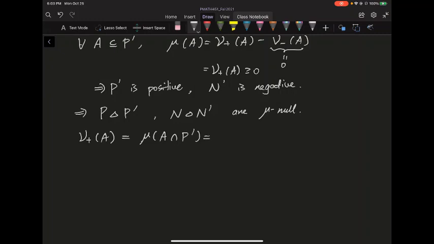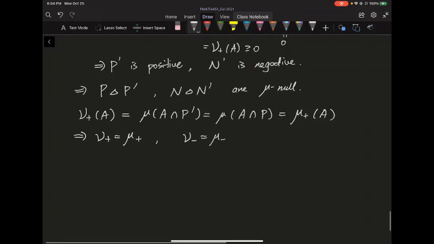And because P prime and P just differ by a null set, you can show that this is also equal to mu of A intersect P, which is just mu plus of A by our construction. In other words, in this new decomposition, nu plus is equal to mu plus, and similarly, nu minus is mu minus.